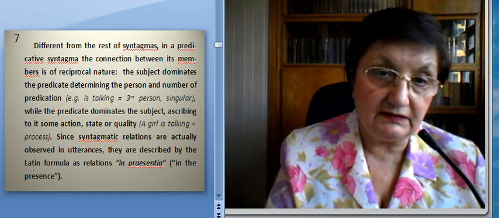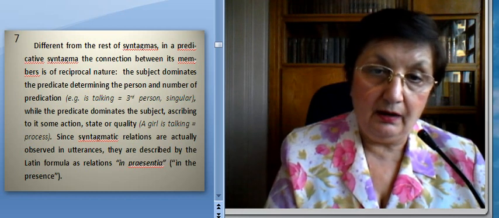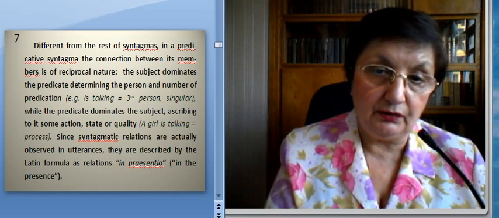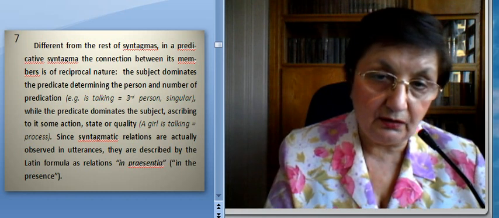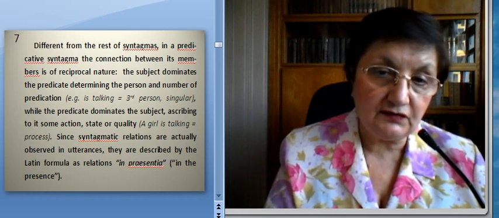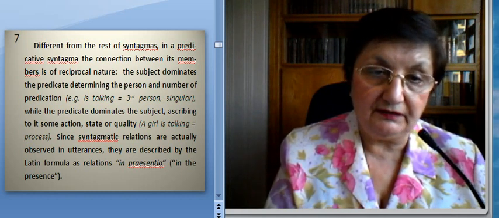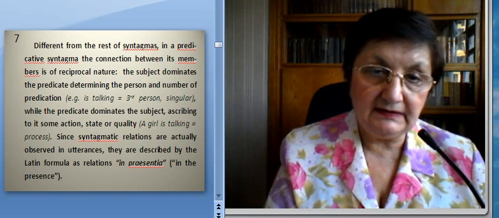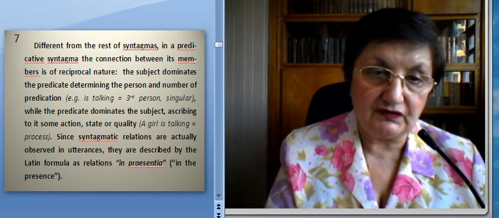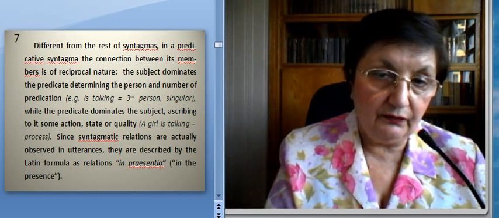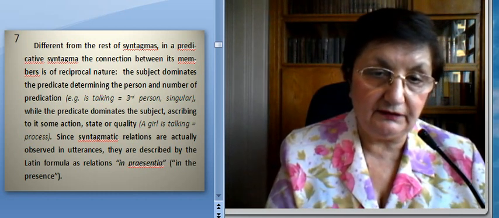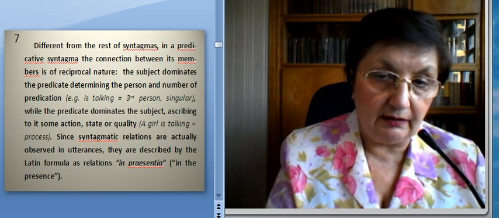And the subject, a girl, is busy with some process of talking as it is ascribed to it by the predicate. Since syntagmatic relations are actually observed in utterances, they are described by the Latin formula as relations in presentia, or in the presence.